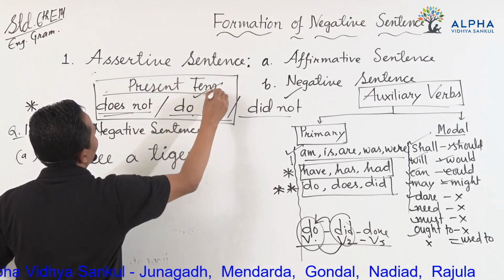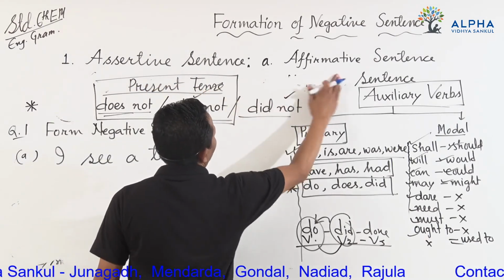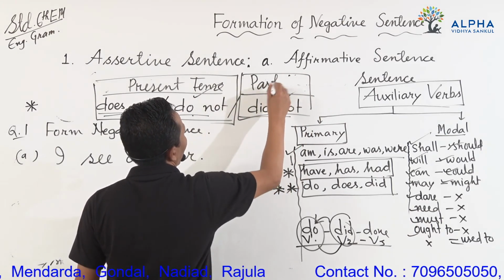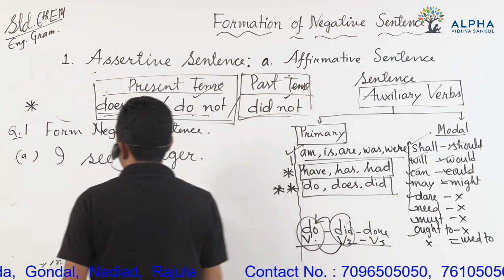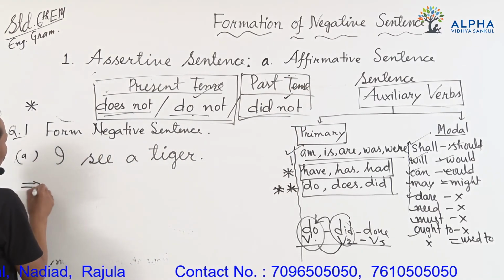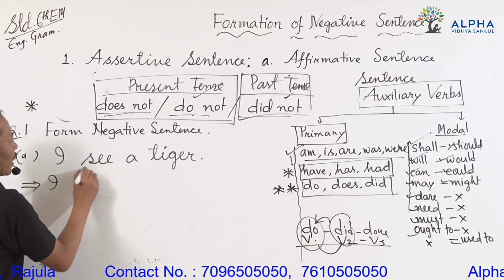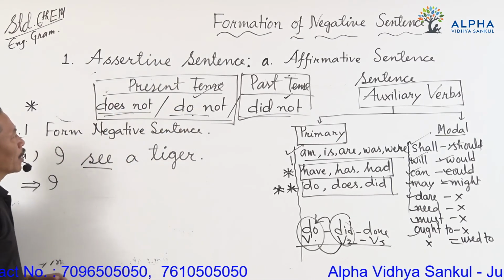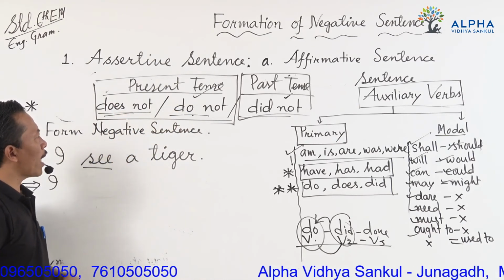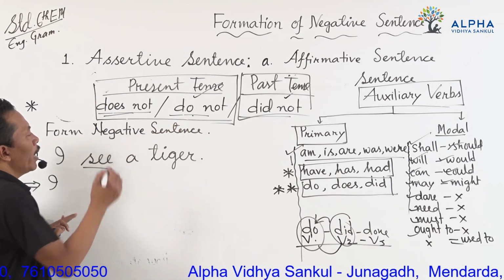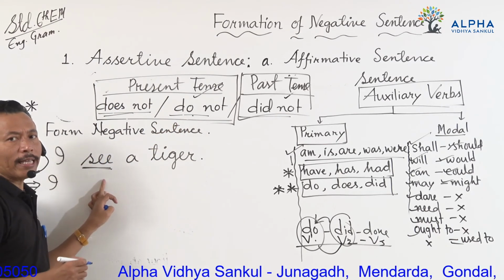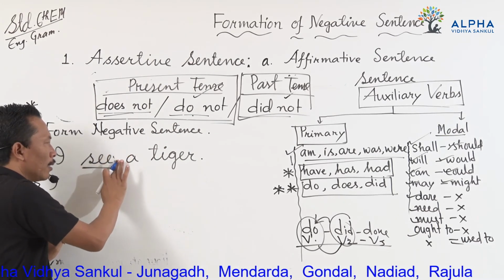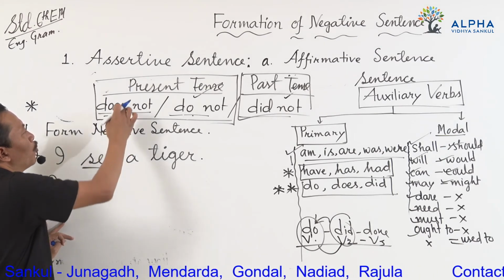And this did is used for the past tense. Then what will we apply? It is the present, so we use do not or does not. Then between does not and do not, which one is right? We have to use do not. If the verb ends with s, then at that time we have to put does not.